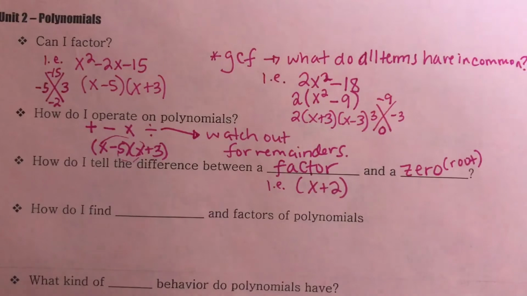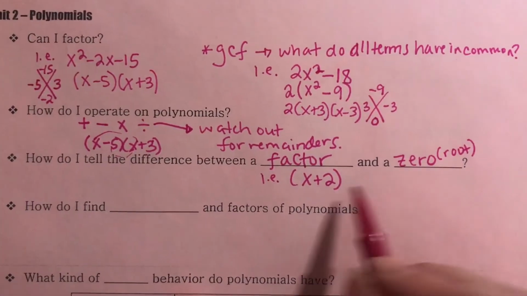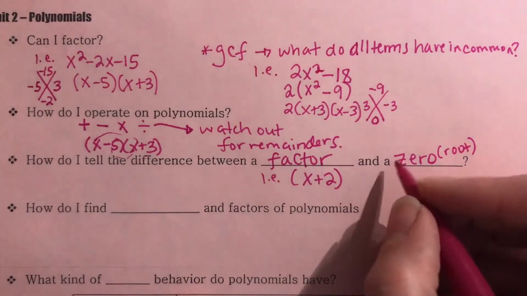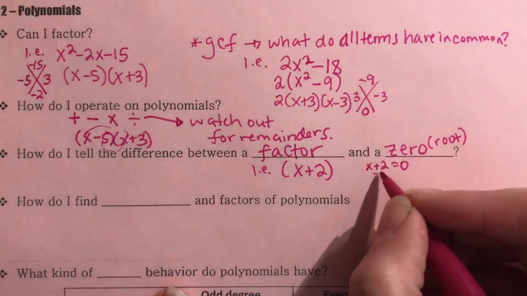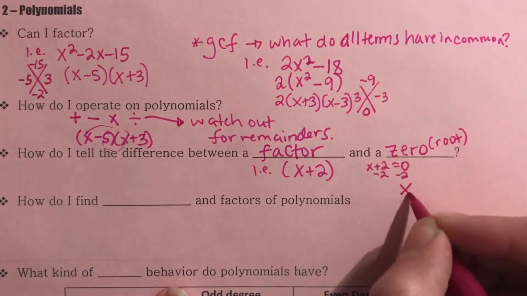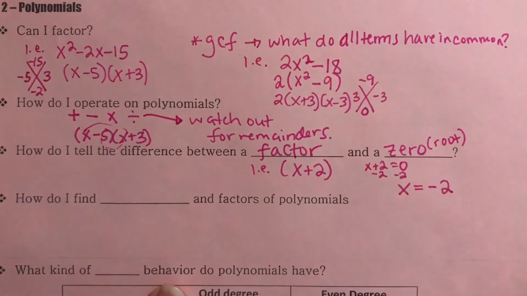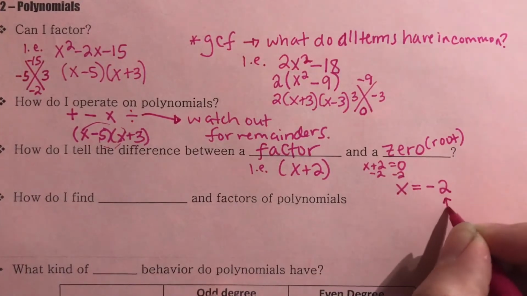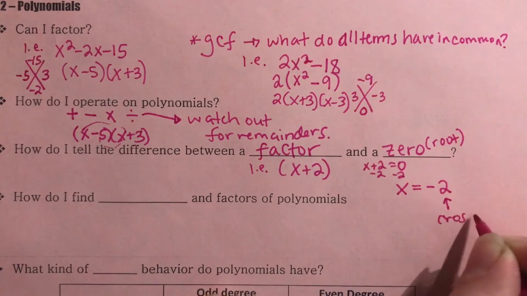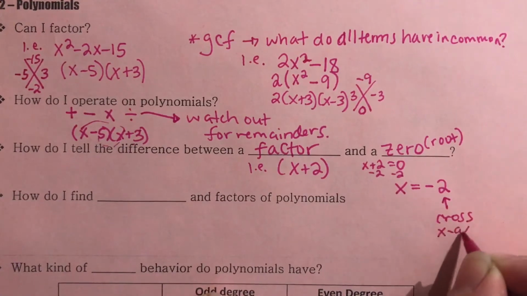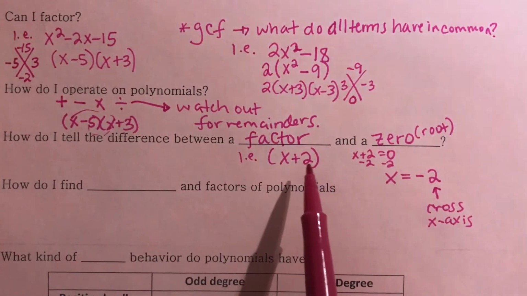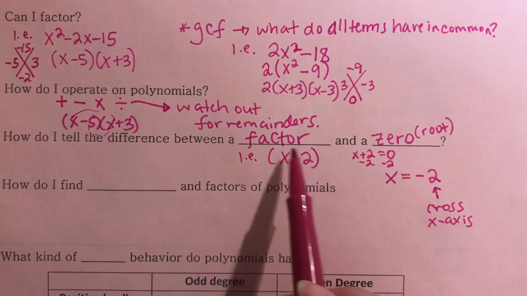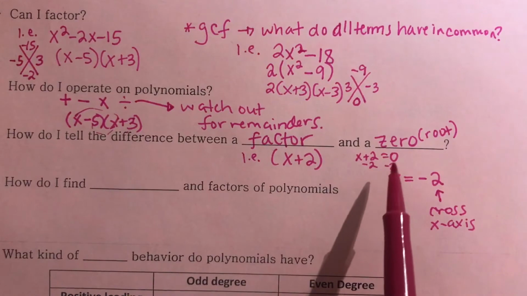If that's the factor, to find the root or the zero, we set this equal to 0. And we solve, so take away 2 from both sides. And the root is x equals negative 2. So this is where it crosses the x-axis. So the factor just tells us that if we set it equal to 0, then we'll know what the actual x-intercept is, or the root.